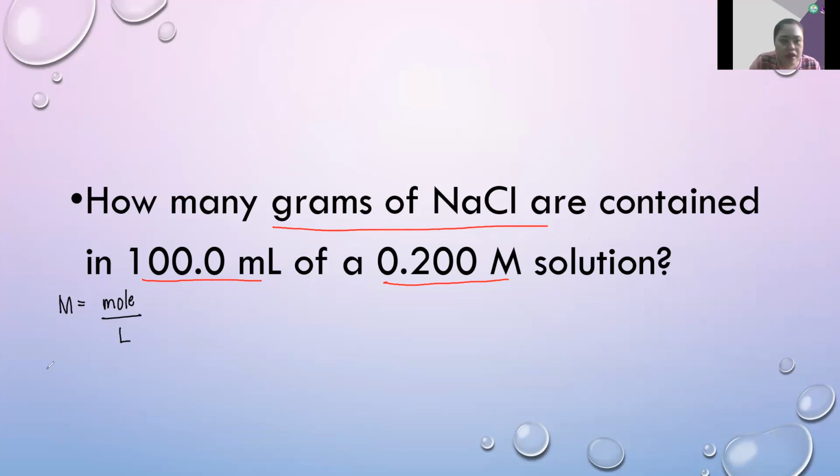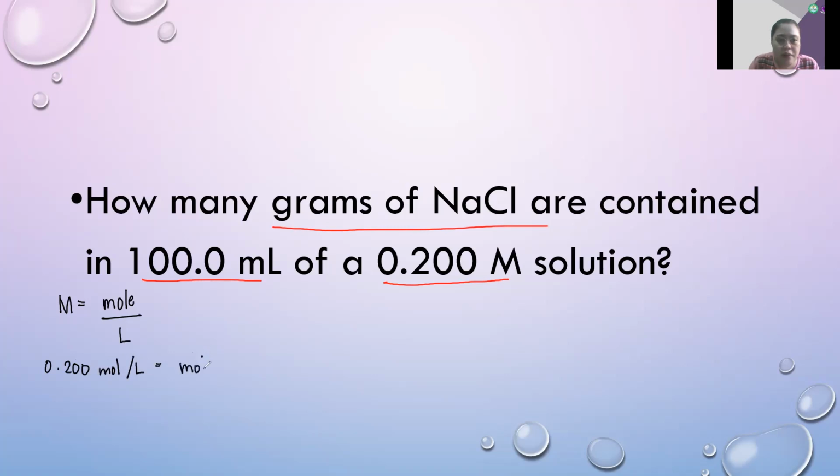So if we are going to start, we will be looking for the moles first. We will be substituting the given in our formula, 0.200 molar. Instead of capital letter M, it will be more appropriate to use moles per liter so that we can clearly cancel the units.